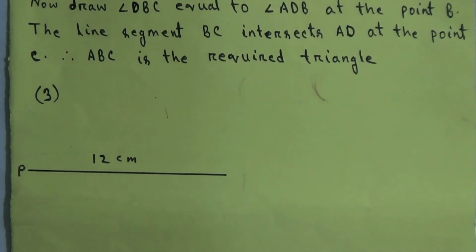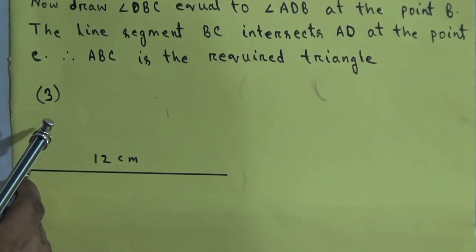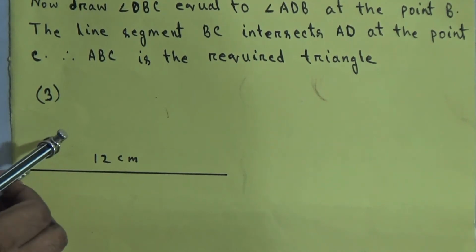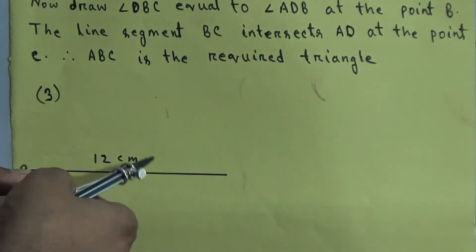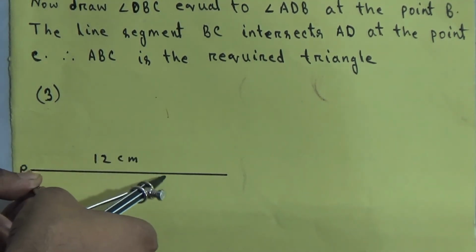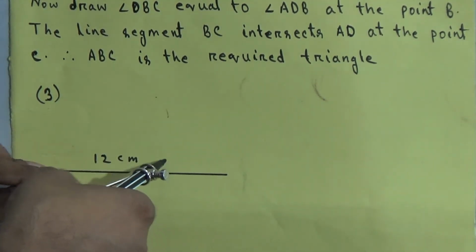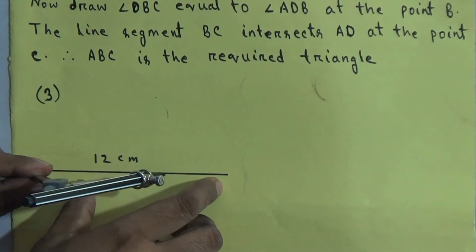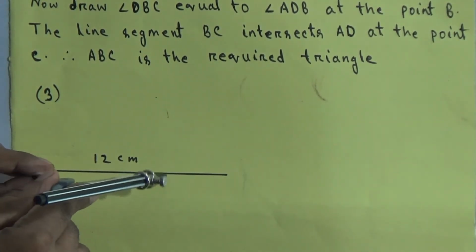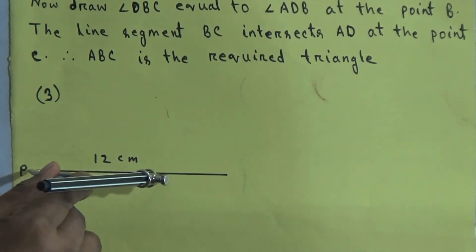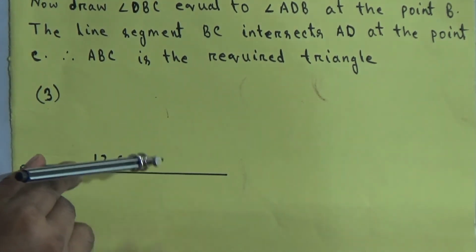How can we do it? Taking a radius greater than half of this line segment. This is the greater side of the half of this line segment.